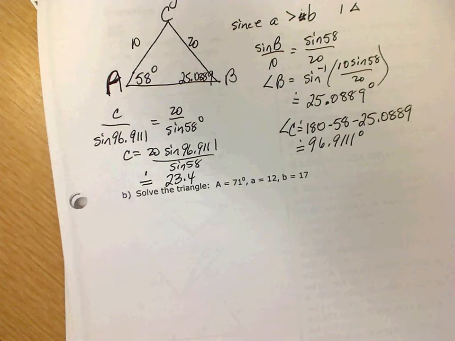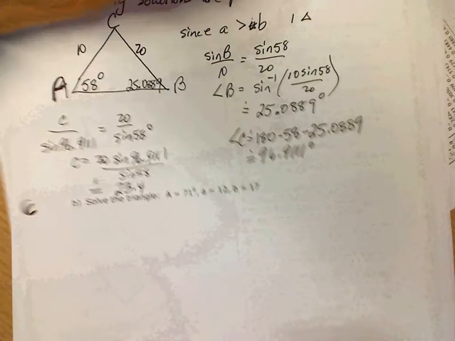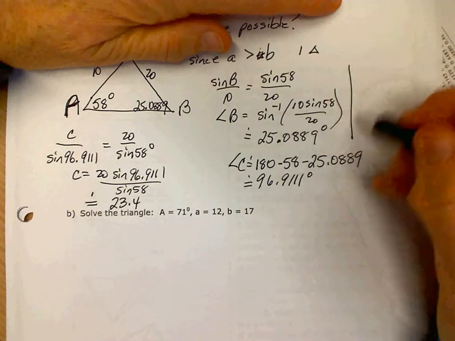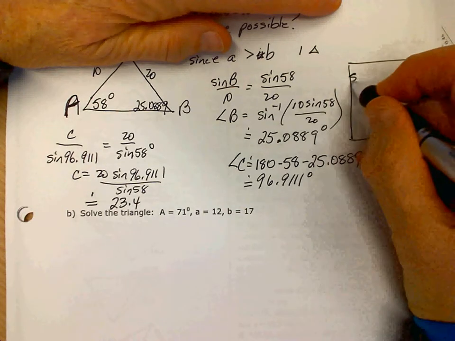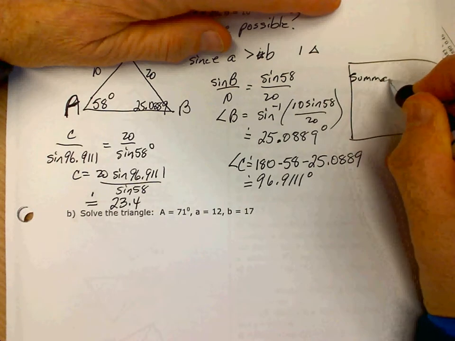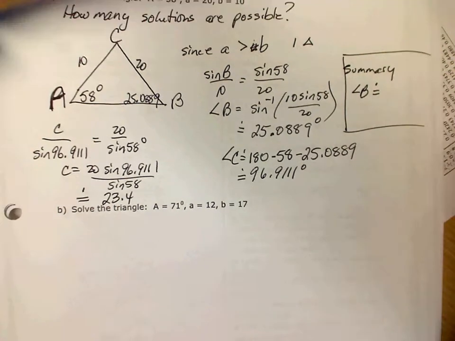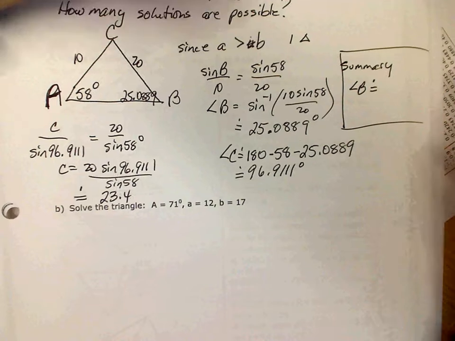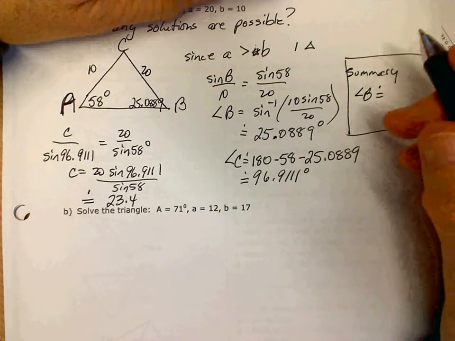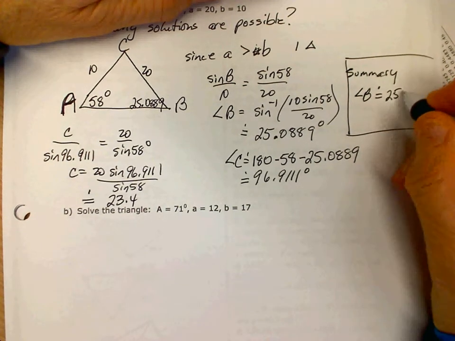So always remember, a happy marker is an easy marker, so you have to give me your summary. We'll do our summary over here. Angle B is approximately, we'll just take it to one decimal place, 25.1 degrees.